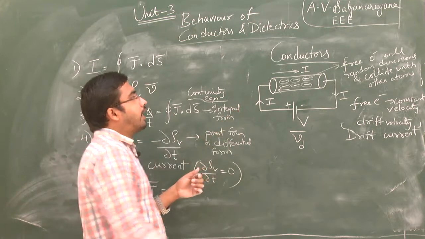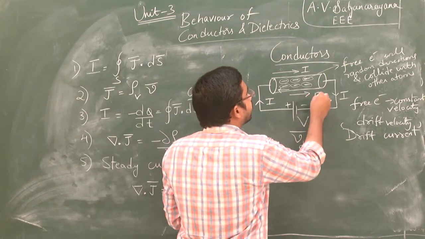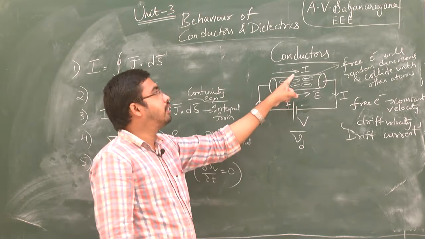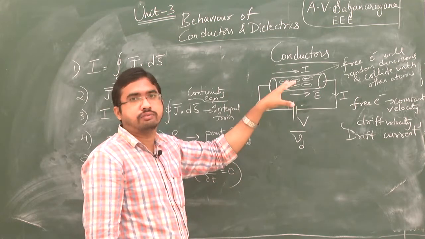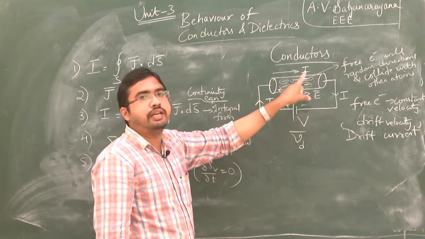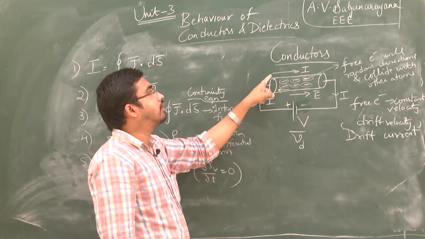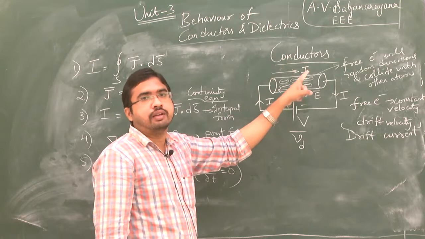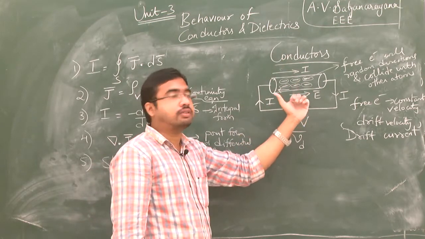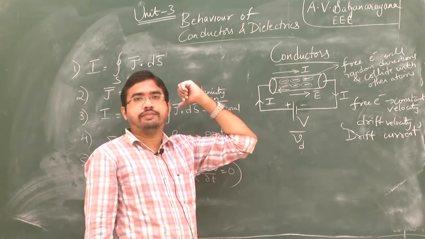Your direction of electric field is also in the direction of the conventional current that is flowing. The electric field E bar will match the direction of conventional current I. But the direction of electrons is opposite to the electric field.